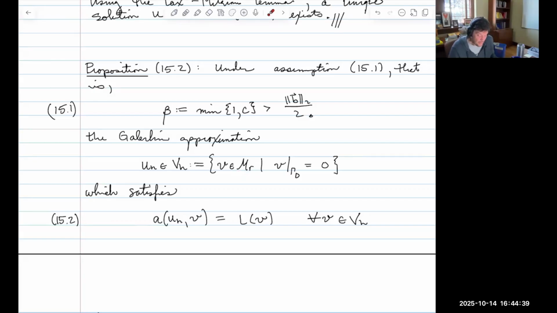But we're going to require that the functions from MR should be 0 on some portion of the boundary, namely gamma D. So what we need here is we're going to probably need a polygonal domain, as usual. So I didn't say anything about that.